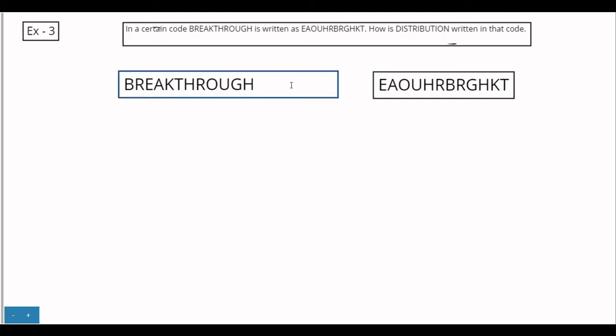So there's a pattern. In these kinds of questions, try to break the first word into pairs and label them. There we go. Now, as you can see, first there's EA, so there's 2. Then there's OU, which is 5.